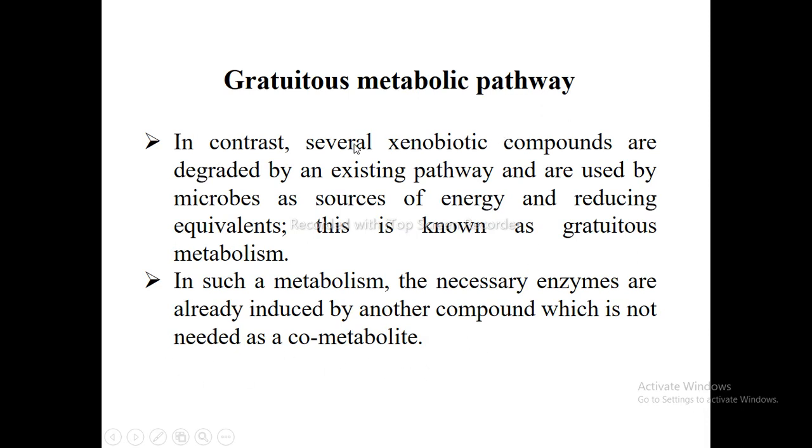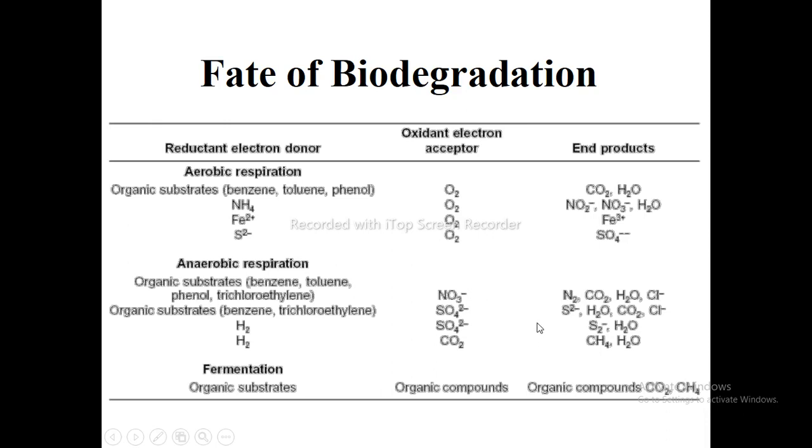So the xenobiotic compound serves as the contaminant that needs to be degraded, as well as the source of energy and reducing equivalents for the survival of the microbe. This is how the gratuitous metabolic pathway works. And always the ultimate fate of biodegradation is the production of simpler compounds like CO2, water, nitrates, nitrites, and sulfates, which are released upon complete mineralization of the xenobiotic compounds.